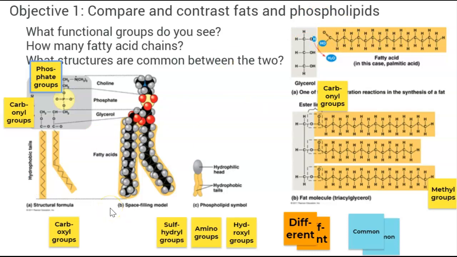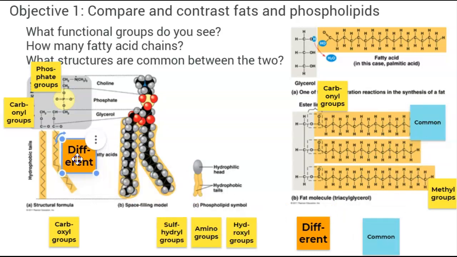There's a little bit of a difference here, whereas this fatty acid chain has a double bond in it, which is going to give it a kink. So the similarity is that they both have fatty acid chains, and the difference is that in one of these fatty acid chains there is a double bond.